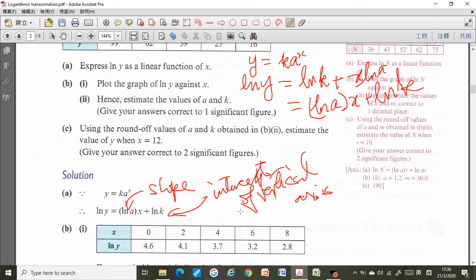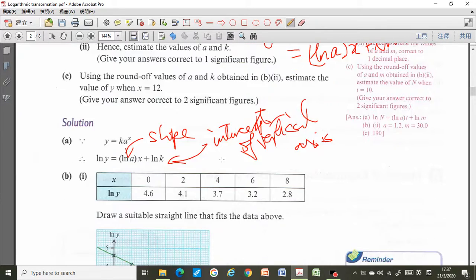We always say y-intercept, but actually it's not the y-axis. It is the log y axis, but we had better call it the vertical axis. After you make this, the left-hand side is log y, which is your subject, so you must calculate log y.